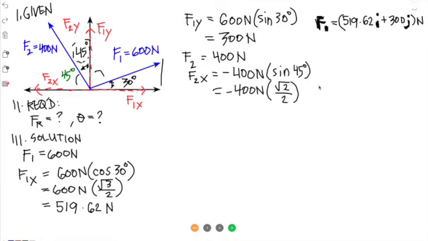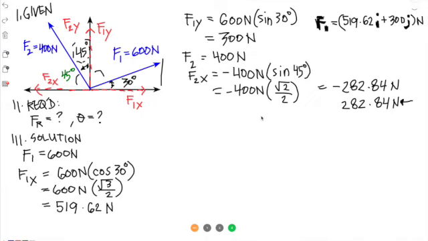So we have here negative 400 times square root of 2 over 2, or sine 45, that's negative 282.84 newtons approximately, going to the left.